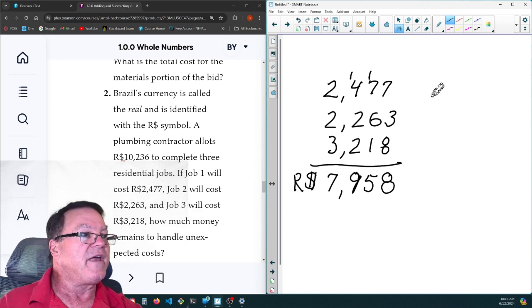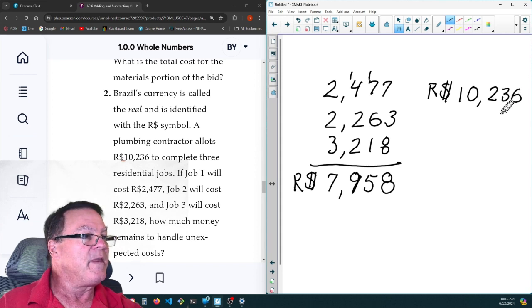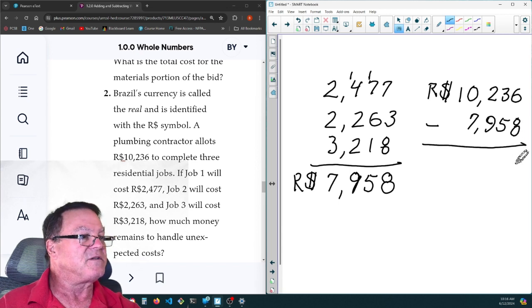And we started with a bank of 10,236 reals. So I will subtract the 7,958 reals to find out how much we have left for unexpected expenses.